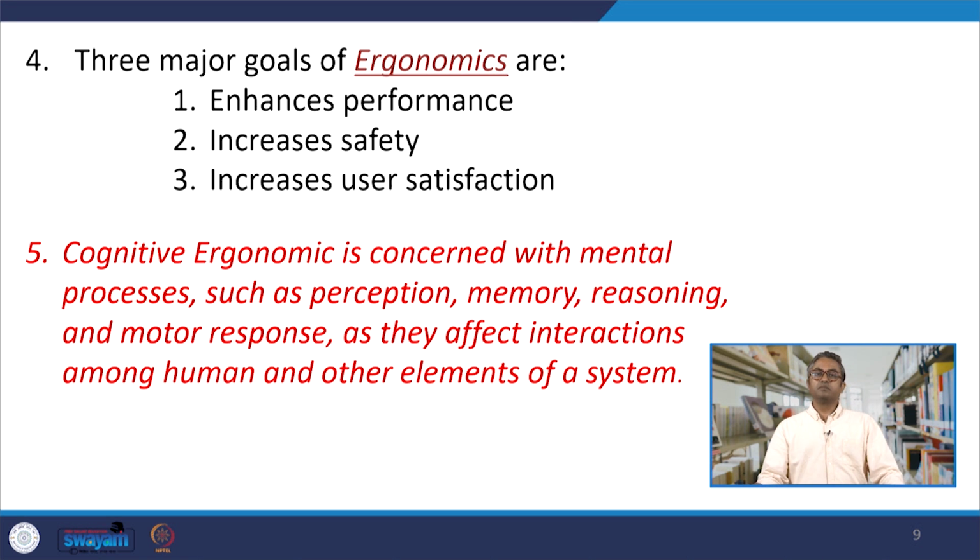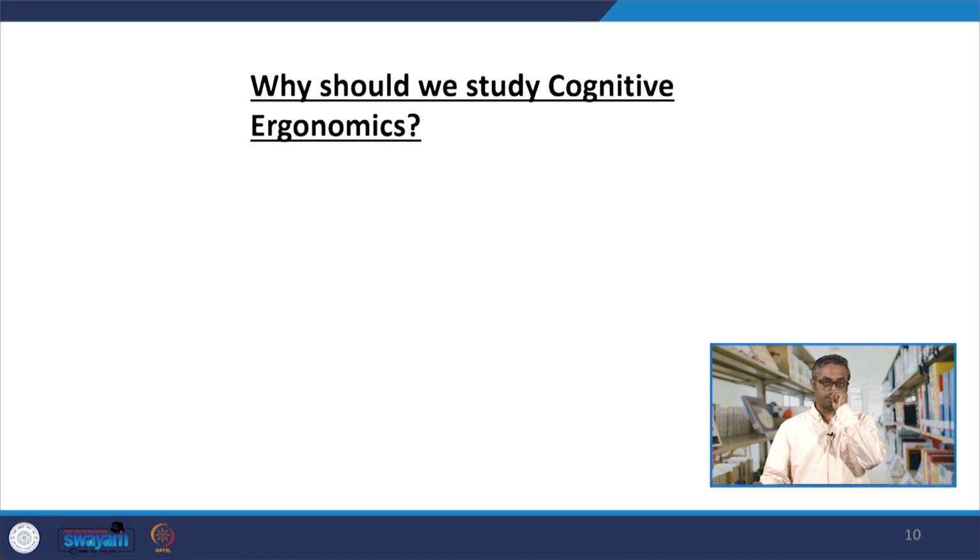A system can be broadly seen as a large body. But during this coursework, we will be trying to address the machines or the computer system, and that is why in one segment we will be talking about human-computer interaction. Okay, so cognitive ergonomics is concerned with the mental processes and how they affect the interaction between the human and other elements.